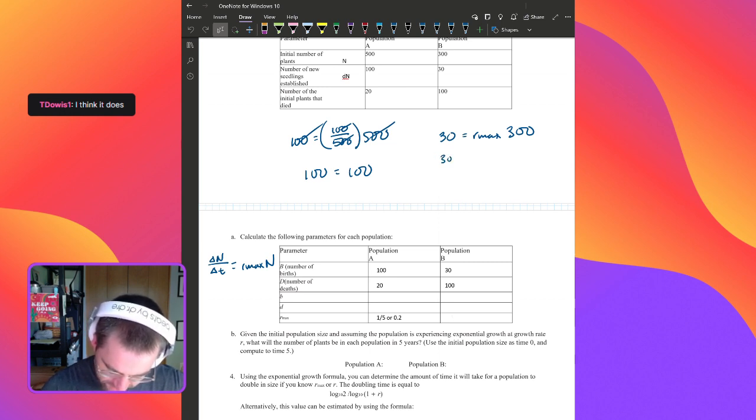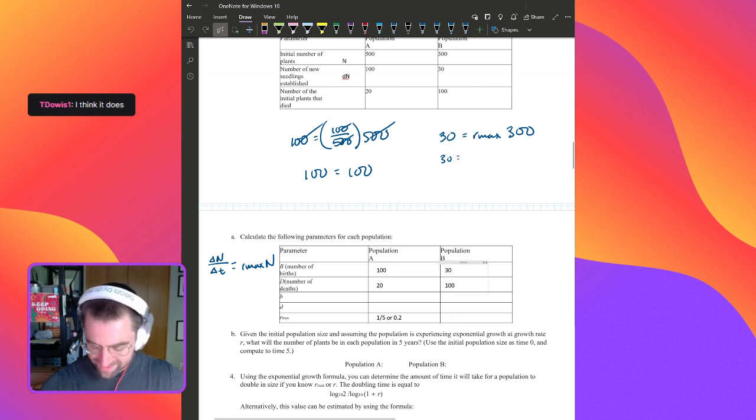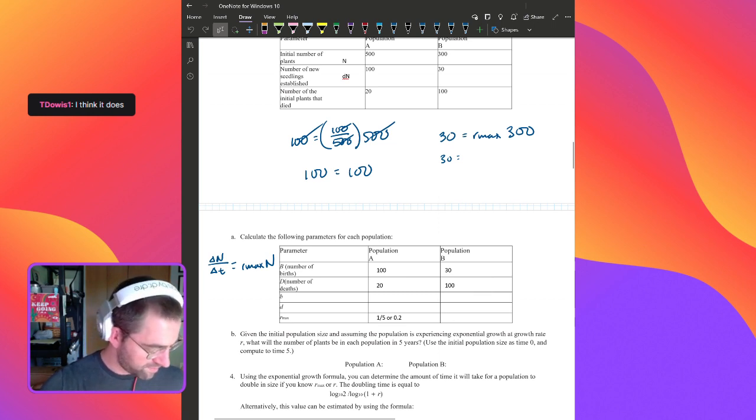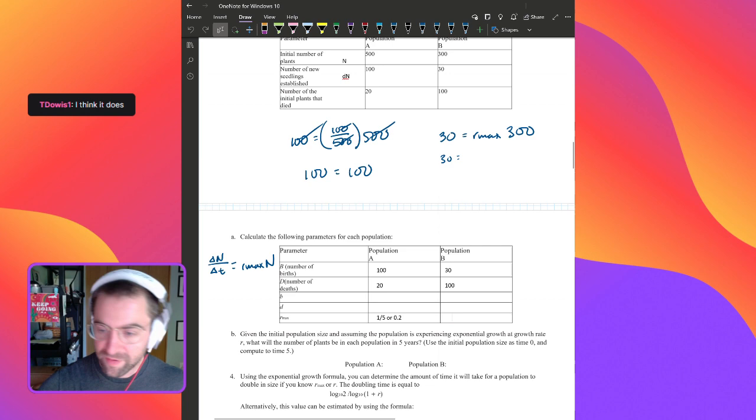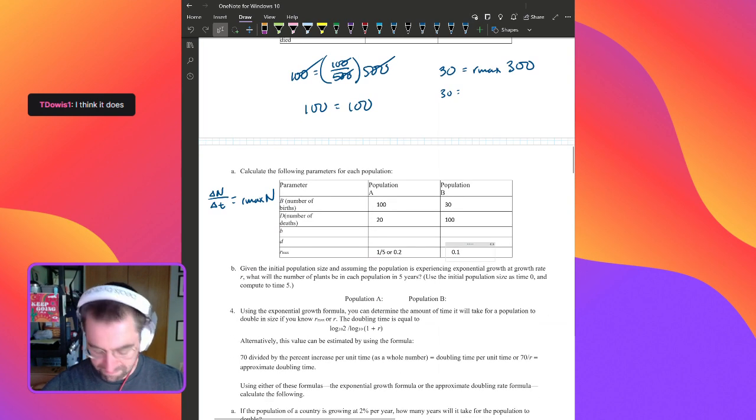And if I had to guess, R max is going to be, tablet's about to die, I think. Cool. Well, yep. Yeah, 30 divided by 300 times 300 does in fact equal 30. And so our R max is going to be 0.1. I think I've got that right.